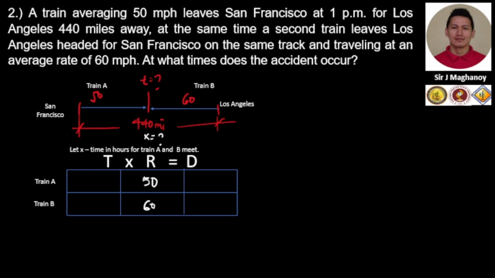Okay, so let's fill out our data. We already have the rate. How about our time? At a certain point, both of them will meet, so they have equal time.